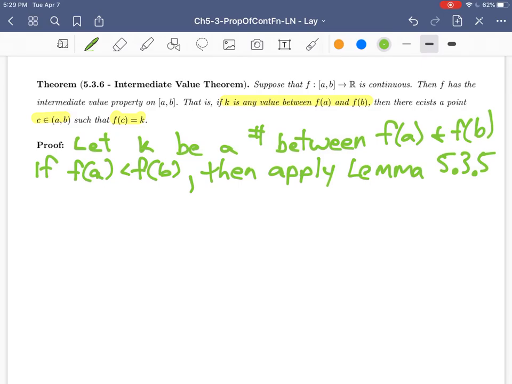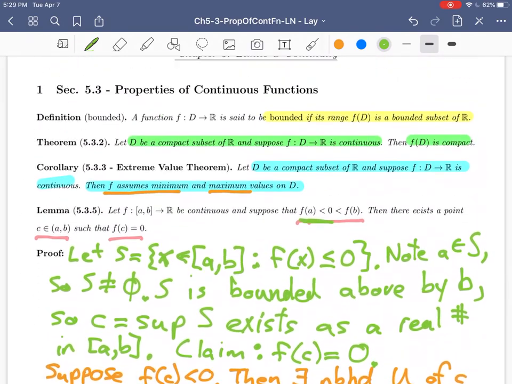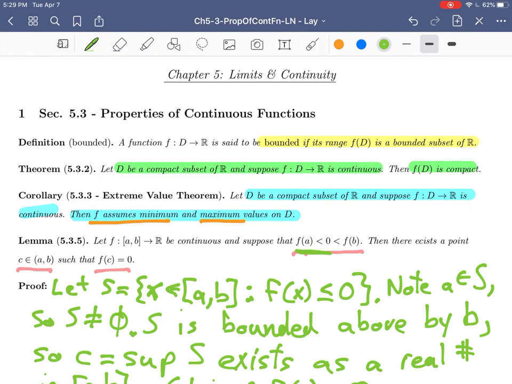So what does Lemma 5.3.5 say? That's the lemma we proved in our last video. Whenever we have a continuous function with f of a less than 0 and f of b more than 0, there has to be a point somewhere in between where f of c is equal to 0.